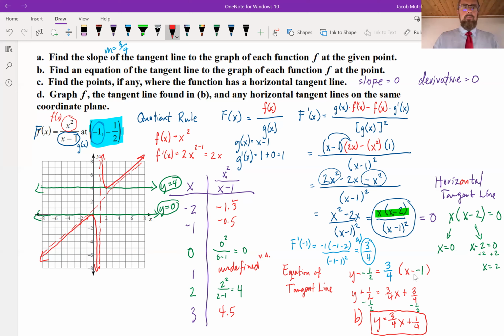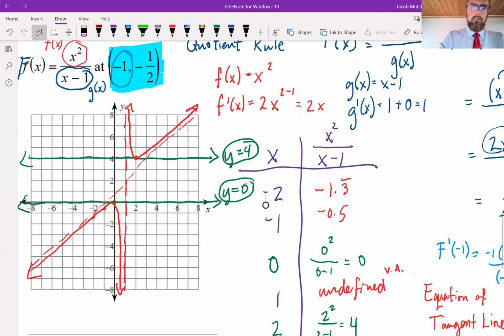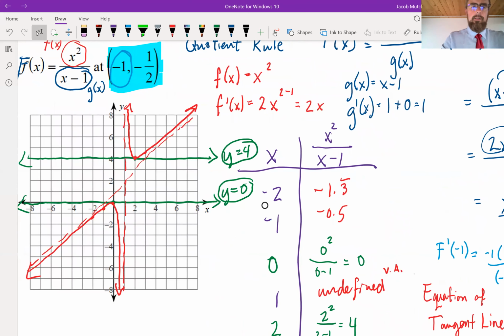The last task that we need to do is to graph our tangent line. That was from part B. It's 3/4 x plus 1/4. So what I want to do is just place it on our graph here. I'm going to zoom in so we get a closer view, because I got some decimal values here. So again, it's the equation y equals 3/4 x plus 1/4.